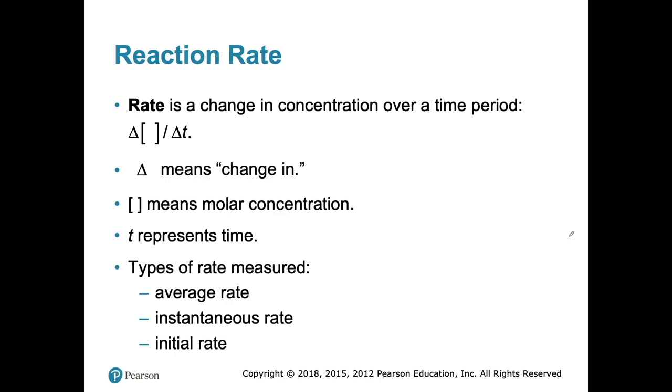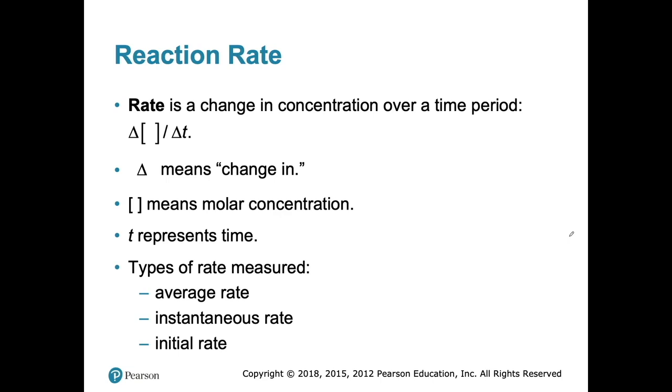So we generally use this equation here where we have the change, this triangle right here, which is a delta, is a change, and then the brackets right here are concentration, and then divided by the change in time.